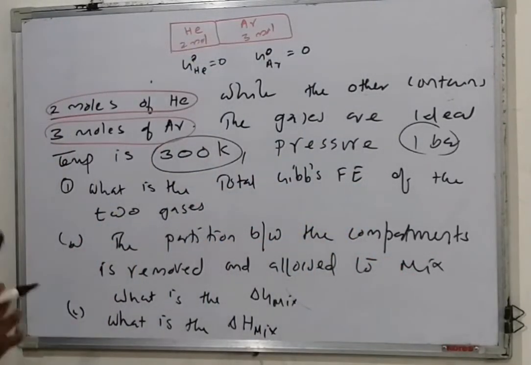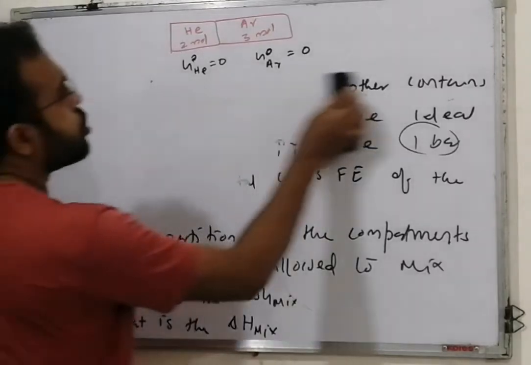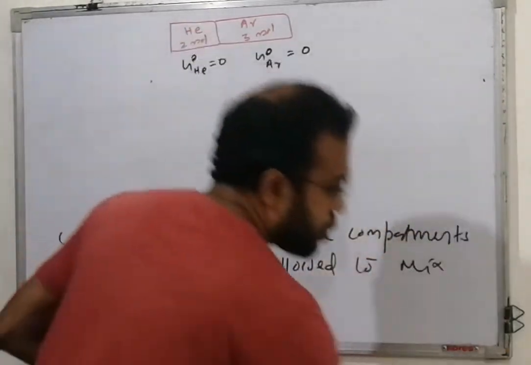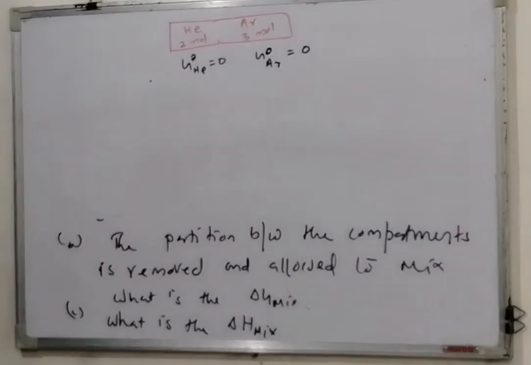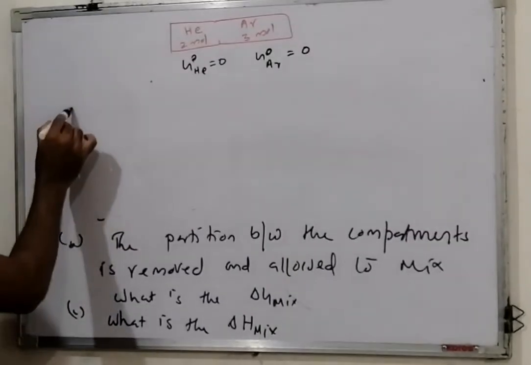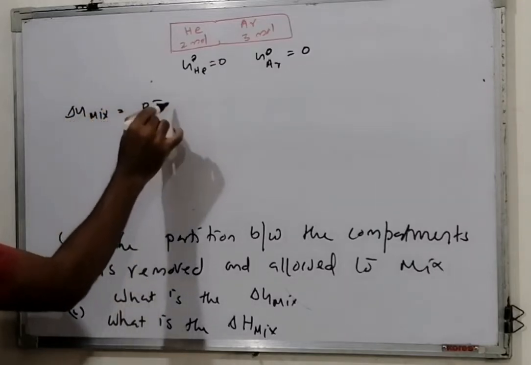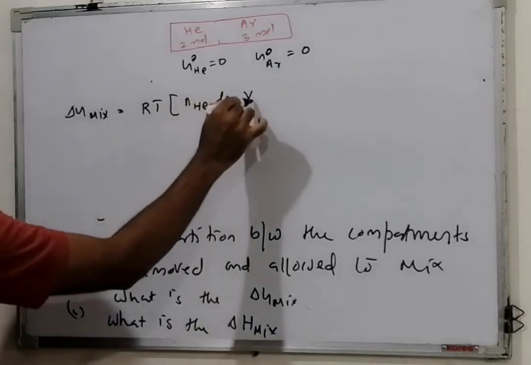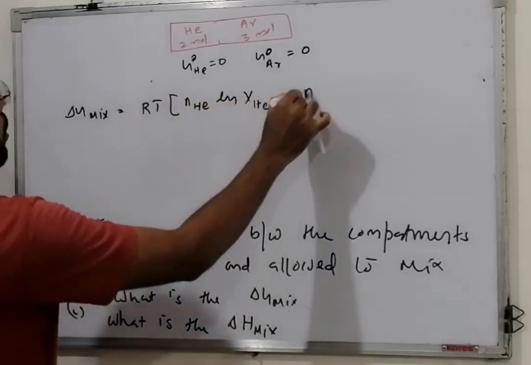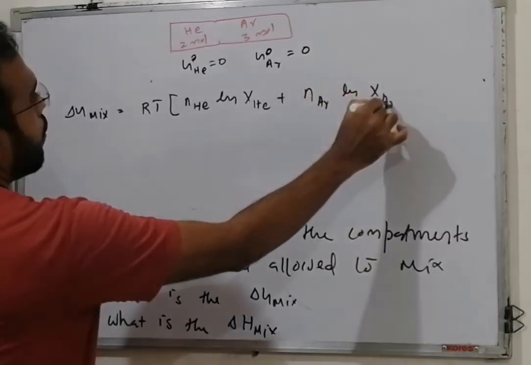Then the partition between the containers is removed. You just remove the partition and allow them to mix. What is delta G of mixing? Delta G of mixing is equal to RT (N helium ln mole fraction of helium plus N argon ln mole fraction of argon).